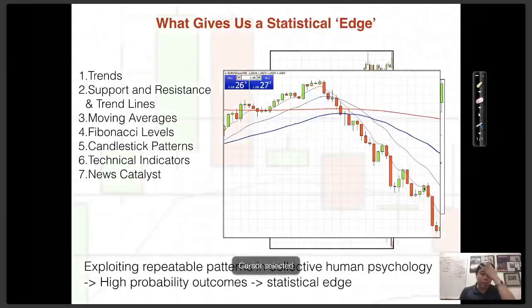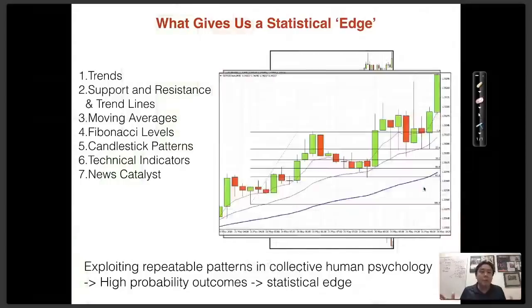Next would be Fibonacci levels. Sometimes you can use Fibonacci to improve your odds. What that basically means is that whenever the price moves from A to B, which is what we call the impulsive wave, imagine it's a 100% move.